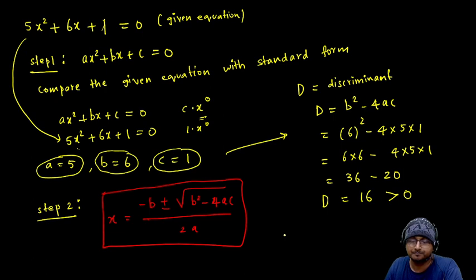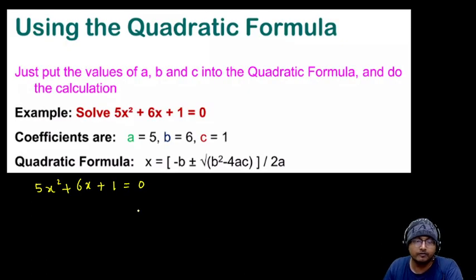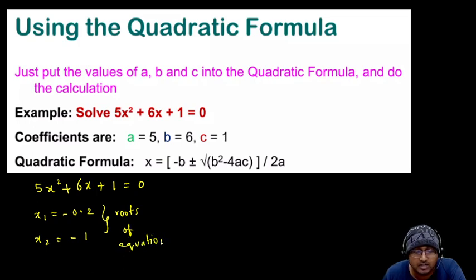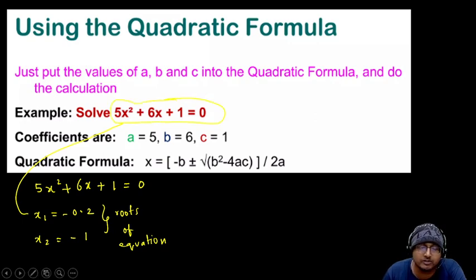Okay. So we got x1 is equal to minus 0.2, x2 is equal to minus 1. See, I have already told you, these are the roots of the quadratic equation. So if we substitute these values in this 5x square plus 6x plus 1 equal to 0, then we should get the same answer.